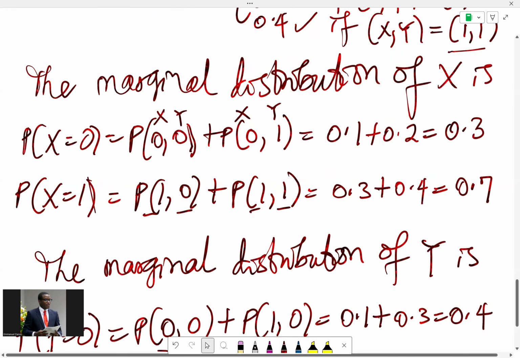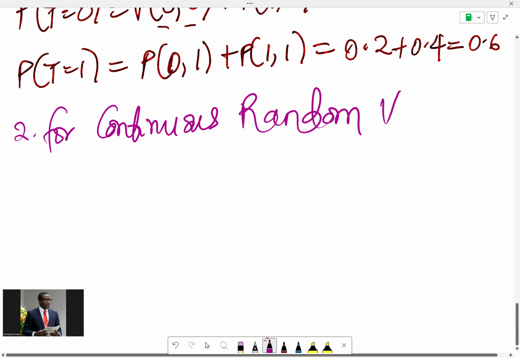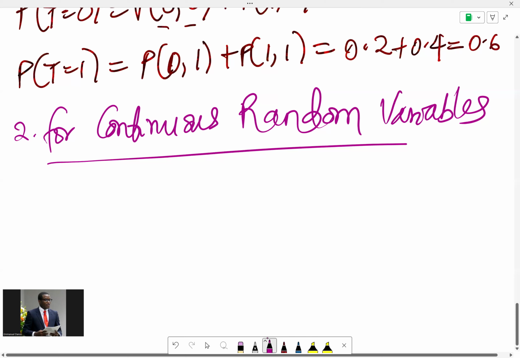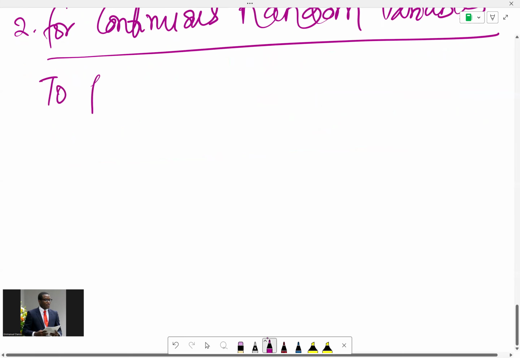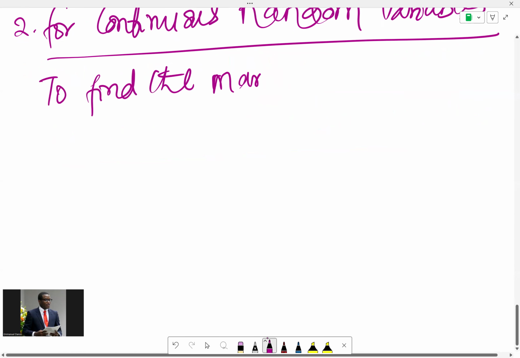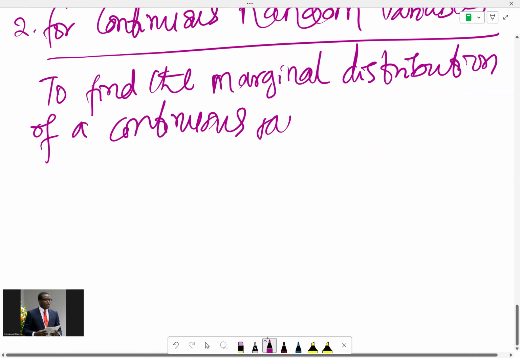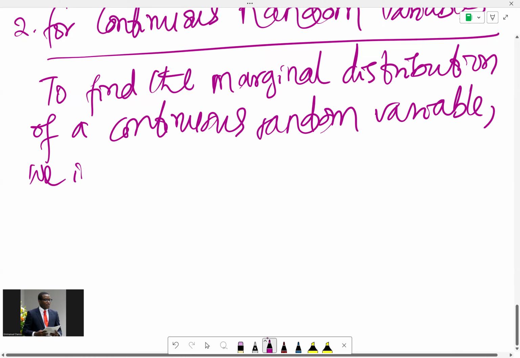So to find the marginal distribution of a continuous random variable, we integrate.